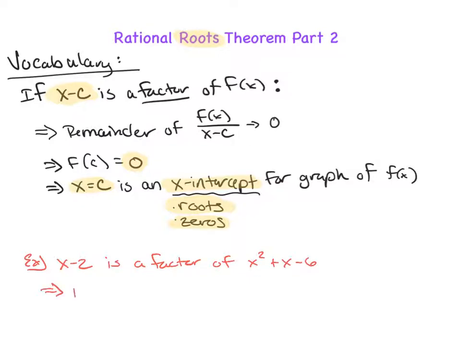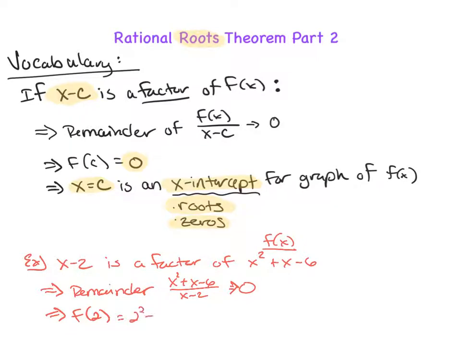That means that the remainder, after we divided x squared plus x minus 6 over x minus 2, was 0. That also means that when you take x equals 2 and you plug it into that function, if I call this f of x, 2 squared plus 2 minus 6, you'll get 0.